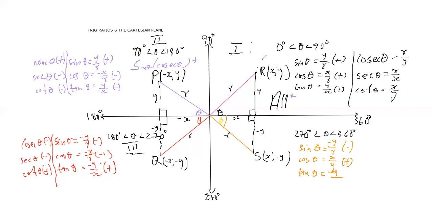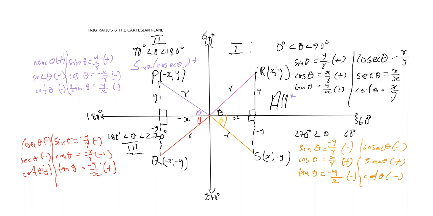Sorry, I think I'm getting a little bit tired here. The tan is opposite over adjacent, which is that, and this is negative. My apologies on cos. This should have actually been an r and not a y. I think I've spoken a lot, so now I'm starting to make mistakes. All right, so obviously the same applies for the reciprocals. That means here cosec theta is negative, here sec theta is positive, and finally cot theta is also negative.